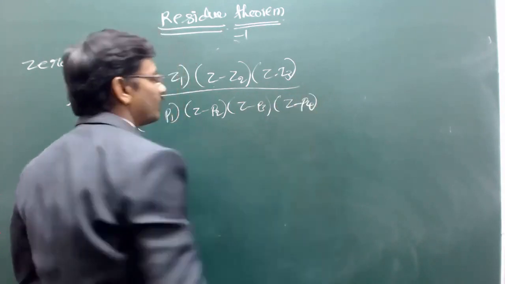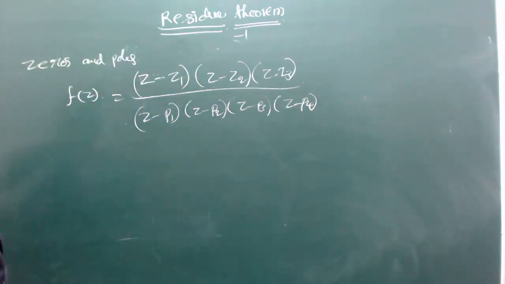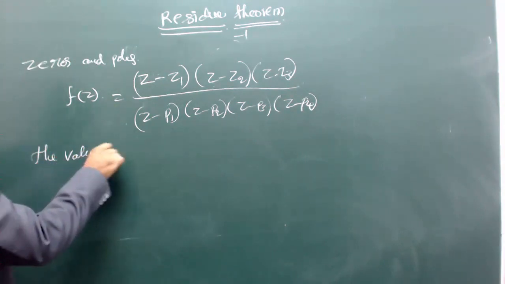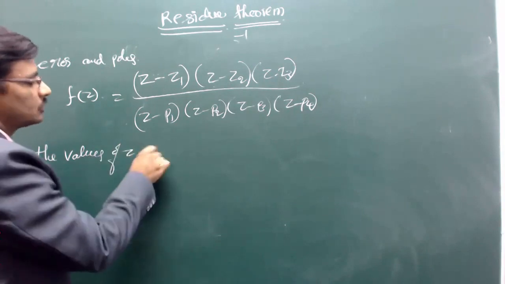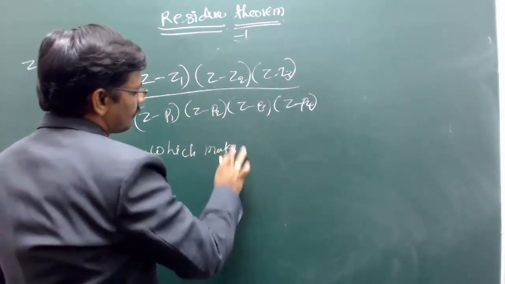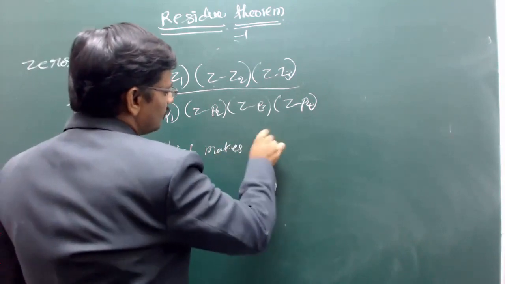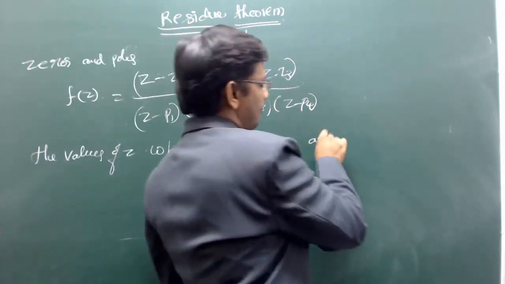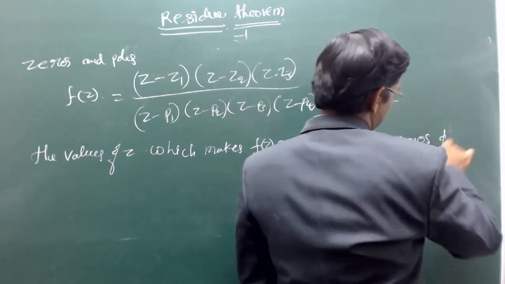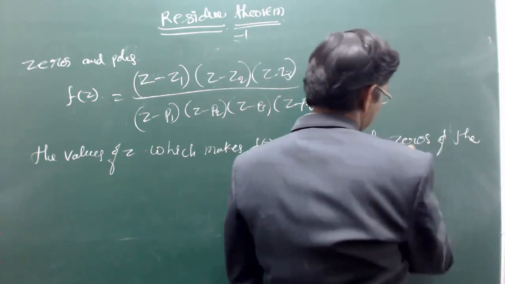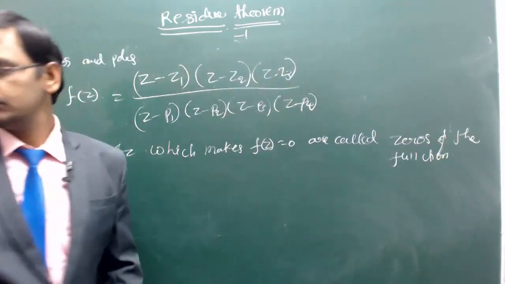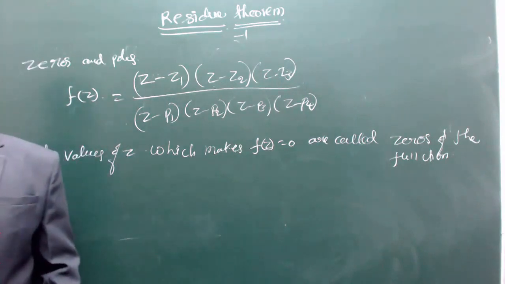The values of z that make f of z equal to 0 are called zeros of the function. Now in this case, what are the zeros of the function?